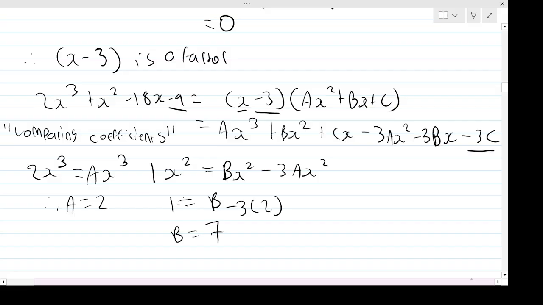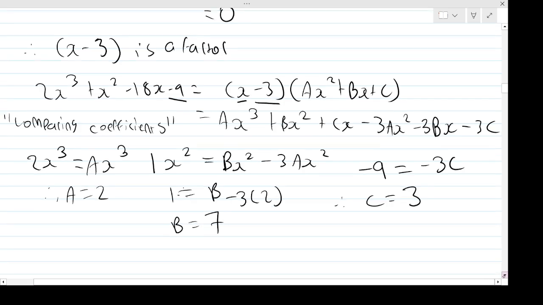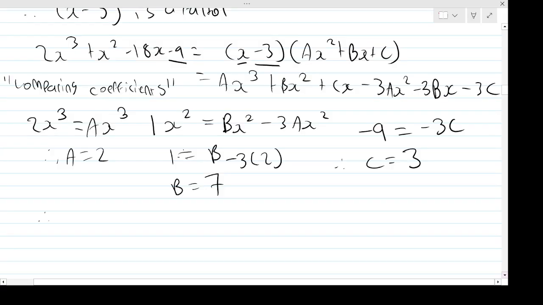So I get a very simple equation. If I compare the numbers on the end, minus 9 has to be minus 3c. Therefore, c, if I divide by minus 3, gets to be positive 3. So there we are. We found out a, b, and c. Therefore, I can write this cubic in terms of these two factors.